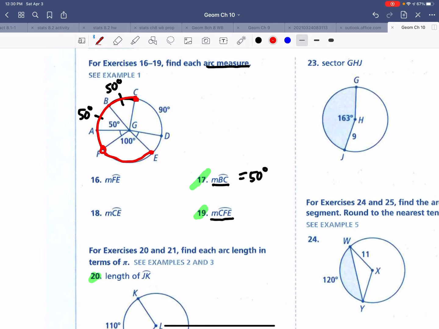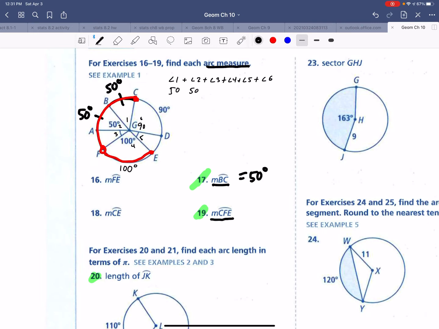So what do we have here? Well, let's see. Those are both 50. This one's 100, right? These two are equal, and this one's 90. So I have to add them all up. I'm going to just number them here. So if this is angle 1, 2, 3, 4, 5, 6, all these angles have to add up to 360. So that would be 50.